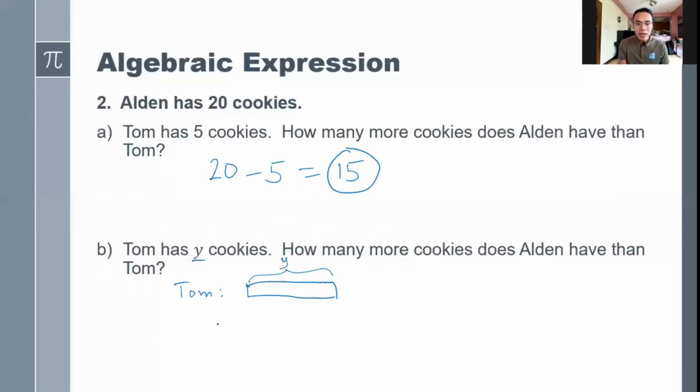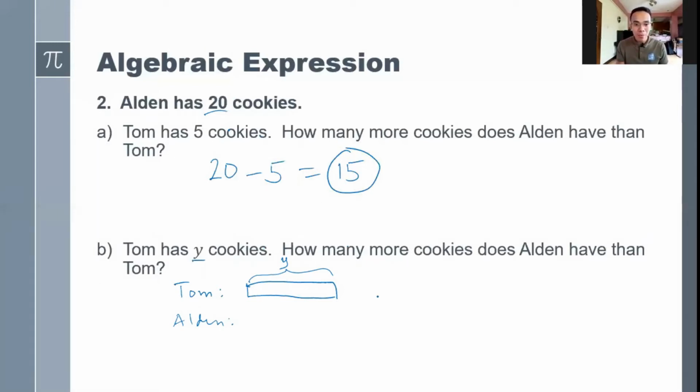And Alden has how many cookies? Alden has 20 cookies. The question is, who has more cookies?